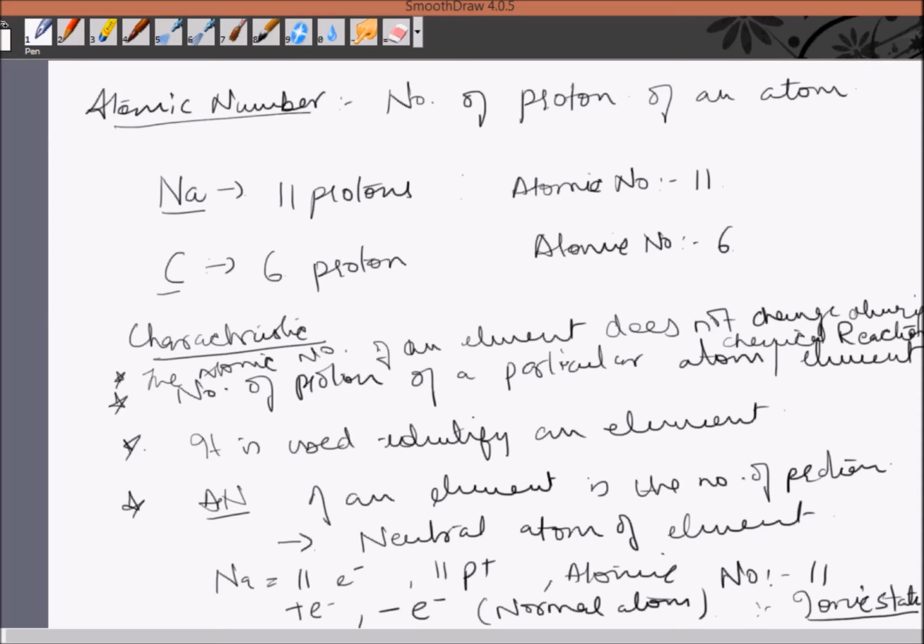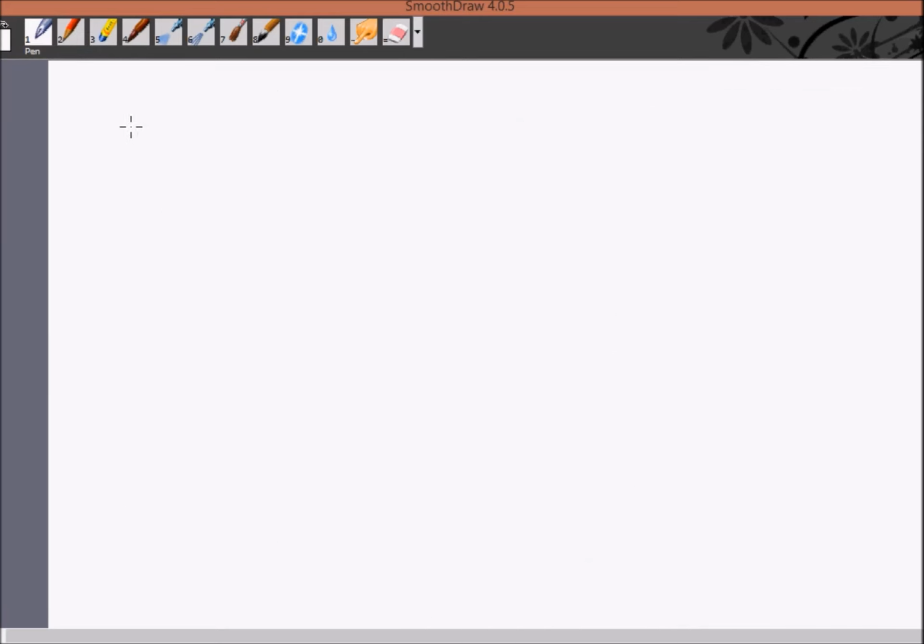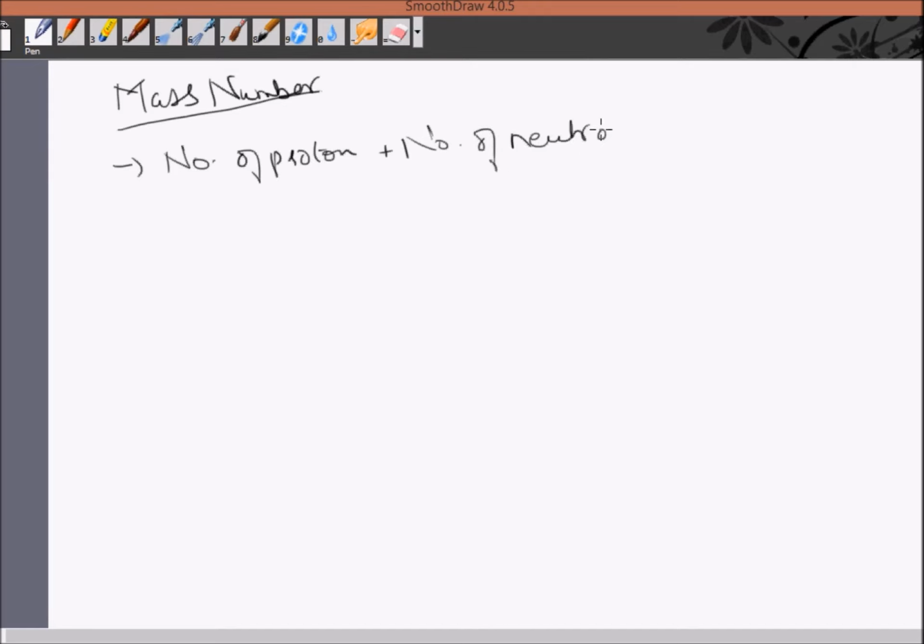So let's understand now the mass number. What is the mass number? The number of protons plus the number of neutrons is the mass number, right?